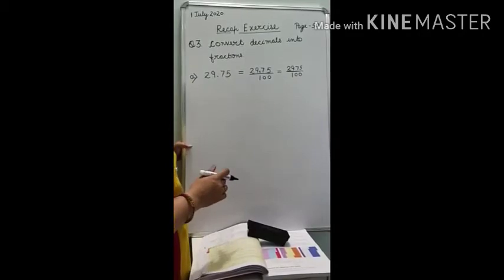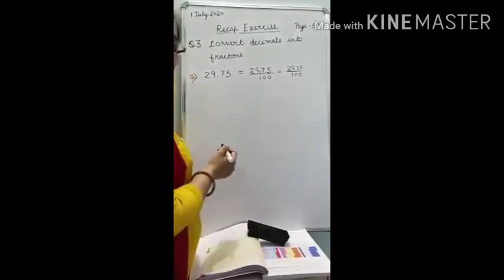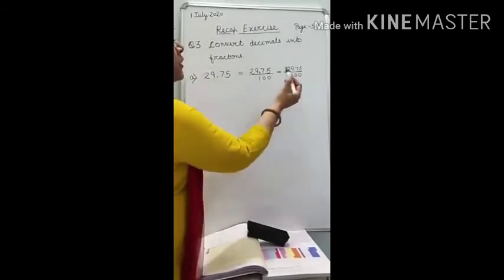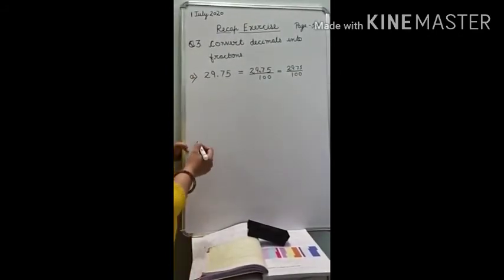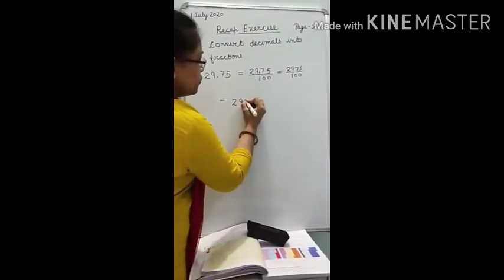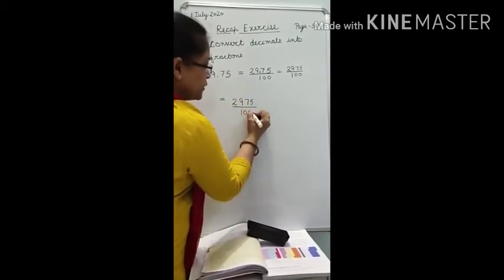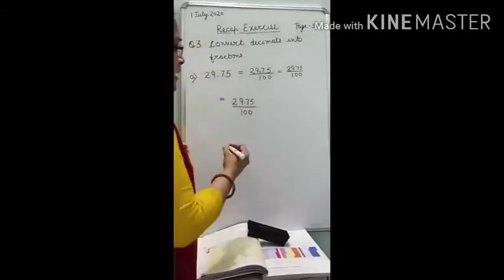Class, sometimes you get the number which is not divisible, which is in the lowest form. But here in this question, you can see this answer is not in the lowest form and the numerator is greater also. So what we will do, firstly we will reduce. So let us cancel this. 2975 divided by 100. Now both the numbers are divisible by 5.